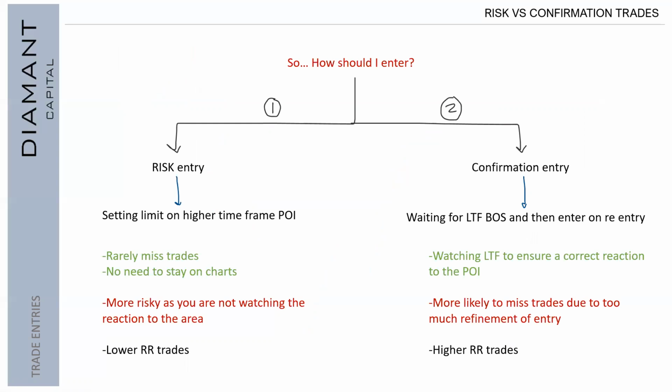Like I said in the Wyckoff example and how to improve your win rate, if you're using Wyckoff all the time, you're going to be missing a lot of trades because your entry might not be hit in that last phase. If we're talking about market structure here, same thing as well. You're most likely going to be missing trades if you refine too much.